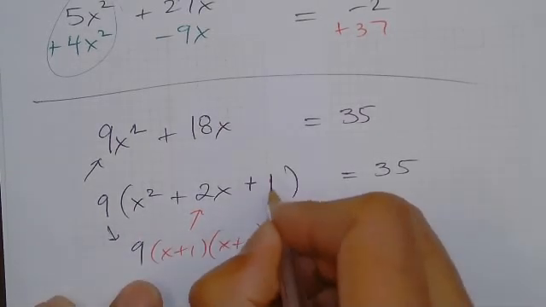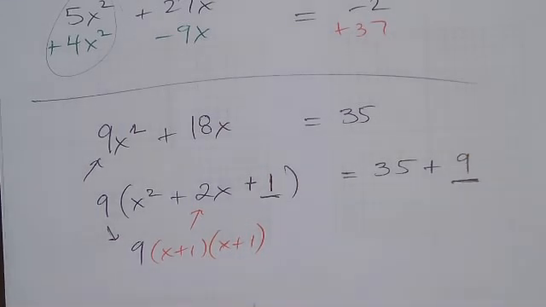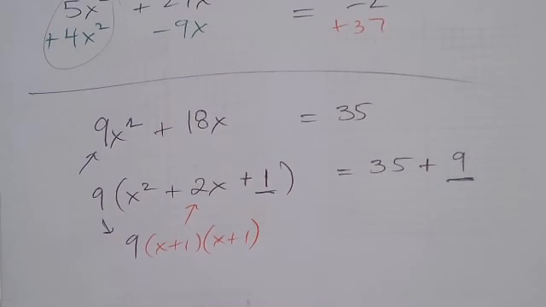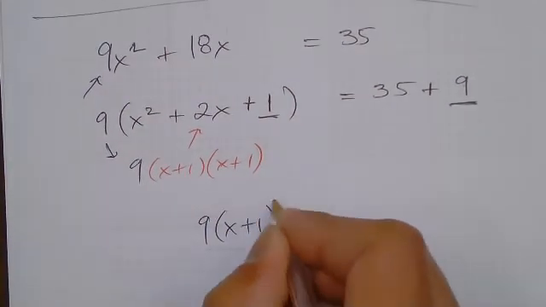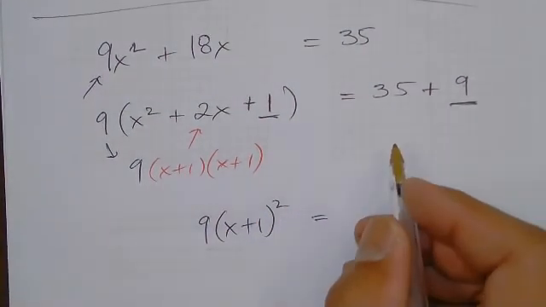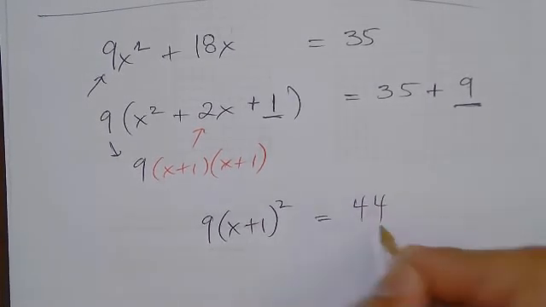And, well, x plus 1, x plus 1. We still have this 9 here, but this is going to be add 1 here, add 9 here. You see it? We're good? Not too bad, huh? You think we can handle that?